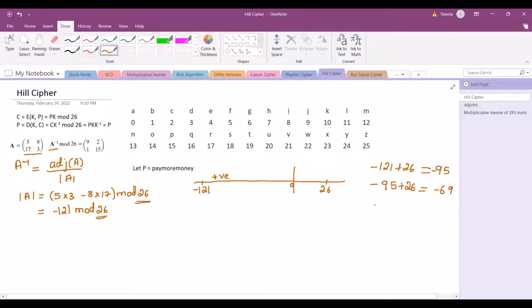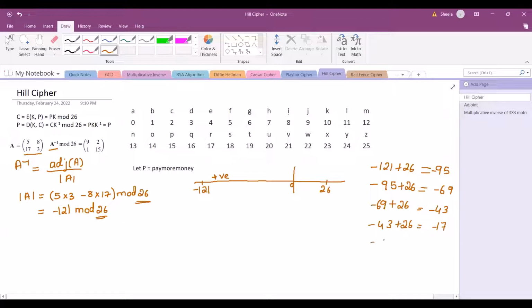Similarly, once again we add 26 to minus 69, and we get the value as minus 43. For this minus 43, if we add 26, we get minus 17.